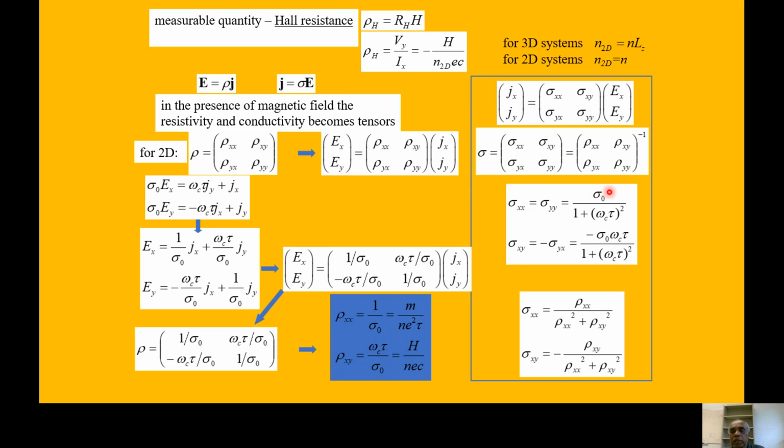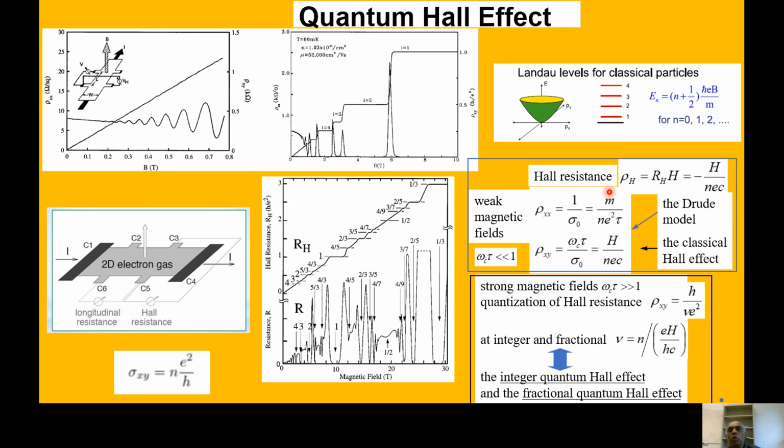Now, still this is in this situation. But if you consider a real two-dimensional situation, what people have actually seen is the quantum Hall effect. Like in the classical situation, remember your Hall resistance rho xy, right?